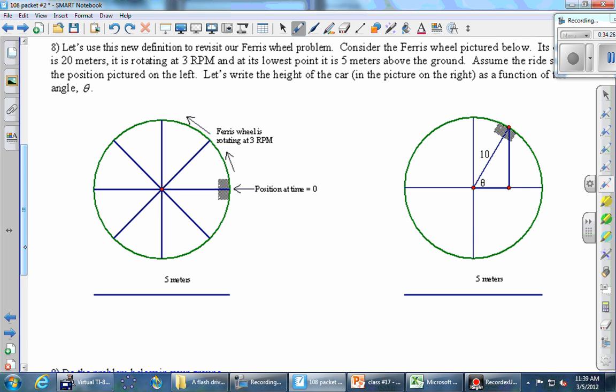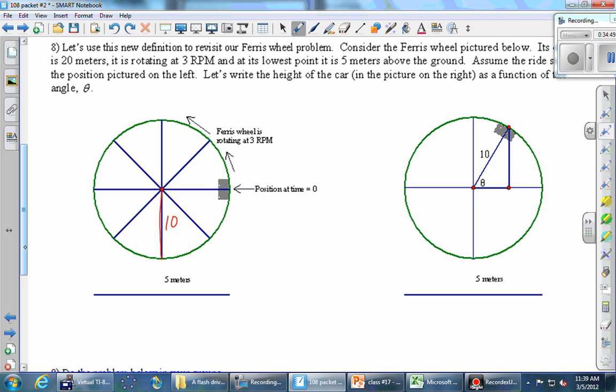And we're trying to figure out where this car is, how high the car is at any angle theta. Remember the diameter is how much? 20 is the diameter, so that's a 10 in there. Initially, how high is the rider off of the ground? It's 15 meters off the ground, right? Initially, 10 plus the 5 is 15.